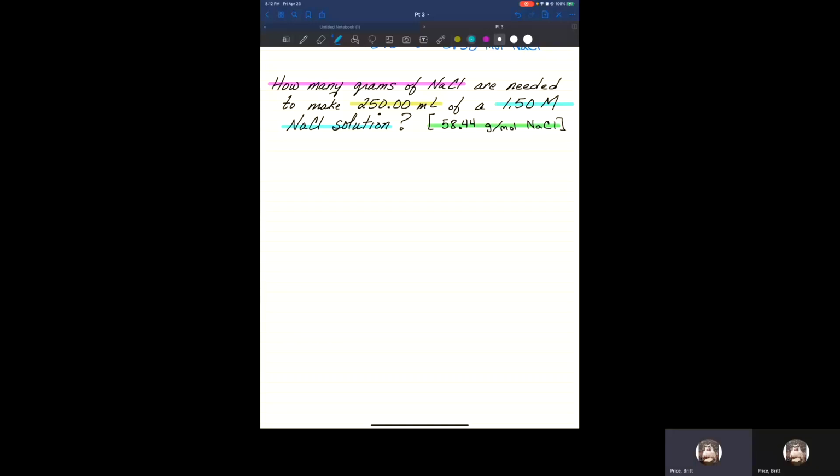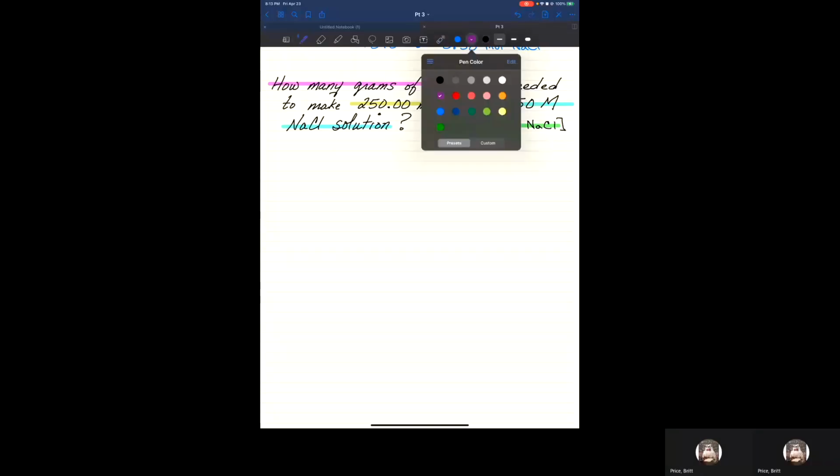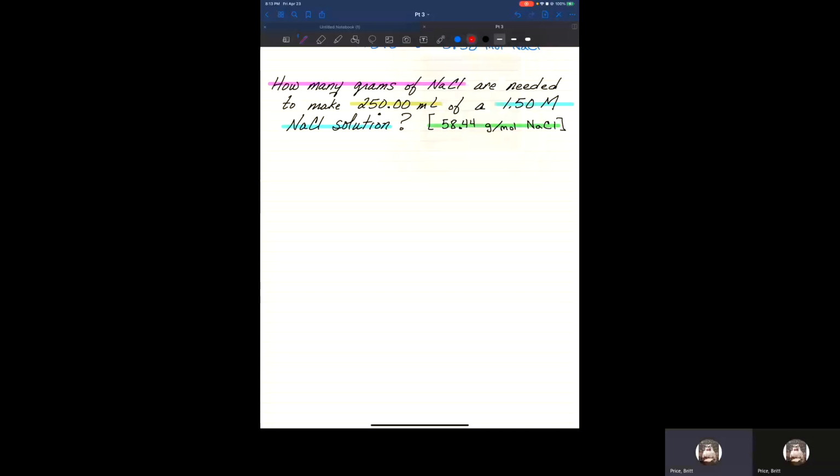Okay. I'll give you a couple of hints. I would say probably 9 times out of 10, if not more, if you see grams within a question, you will need a molar mass. Let's put this in red.